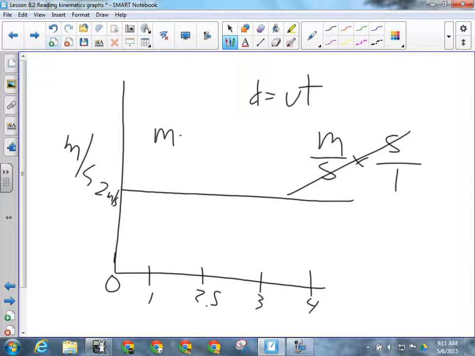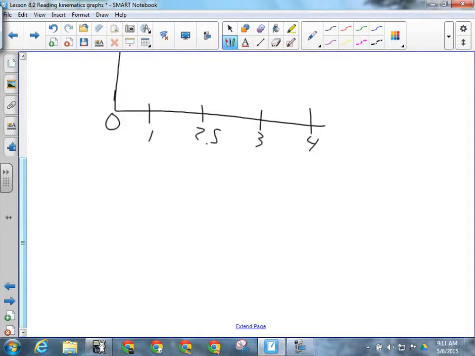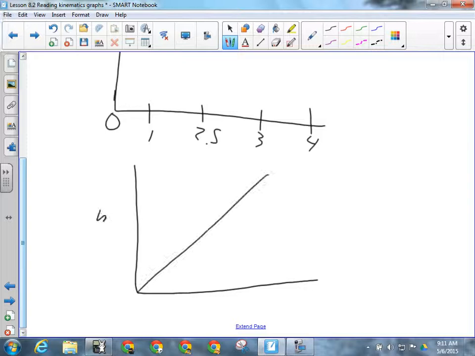All right. Similar situation. Now I want to calculate the distance traveled.